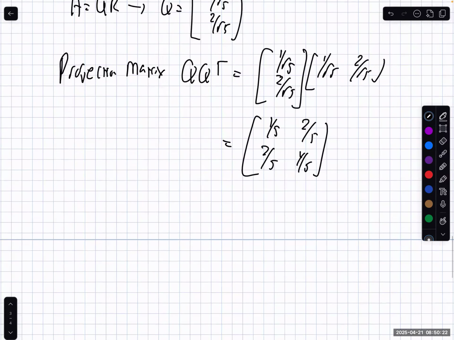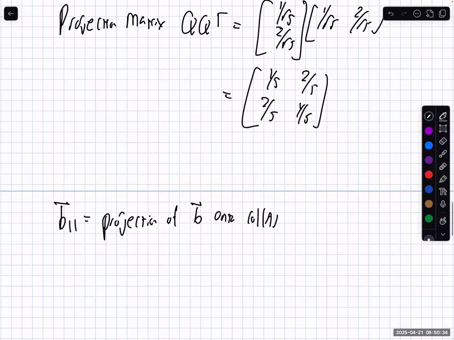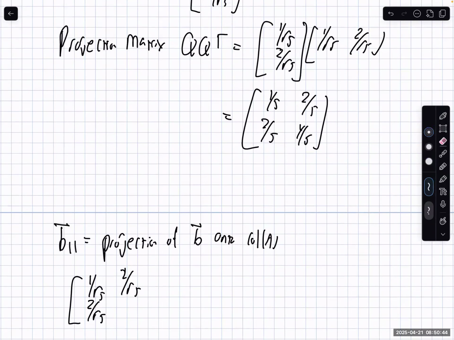Okay. And then B parallel is the projection of B onto the column space of A. Oops, they don't have the square roots there.